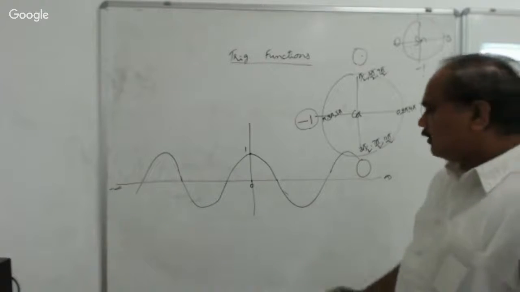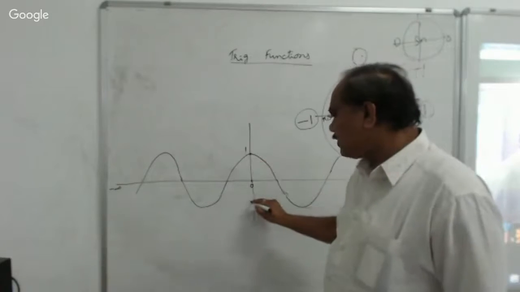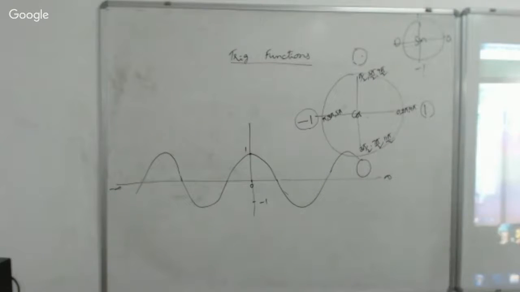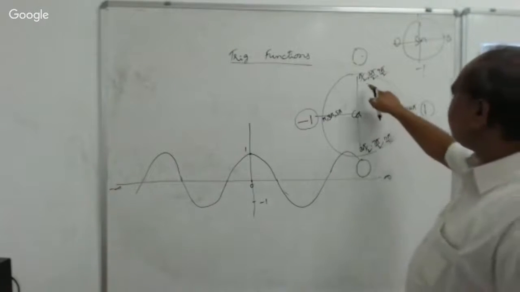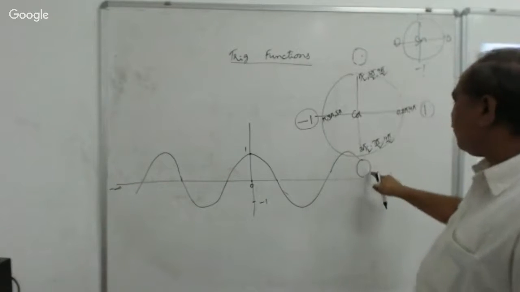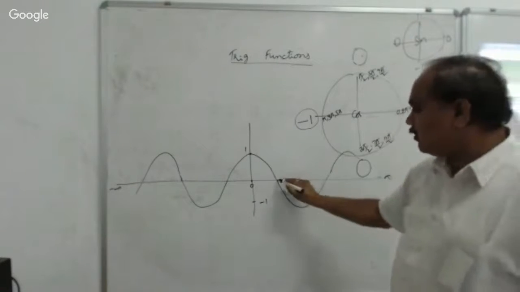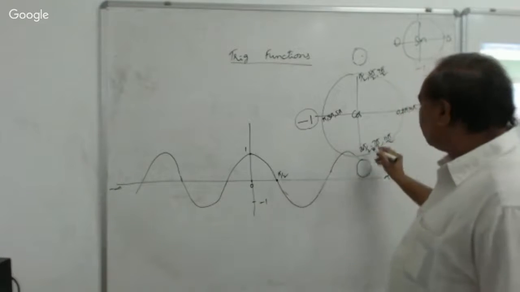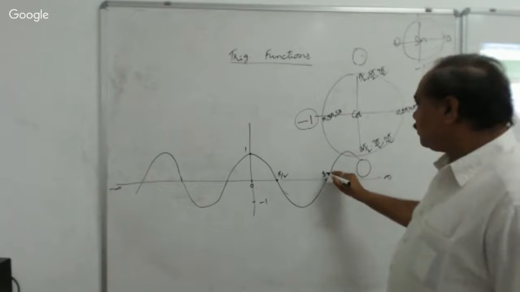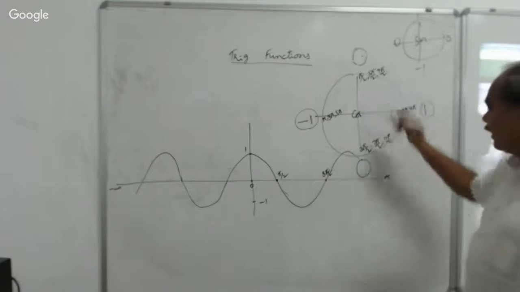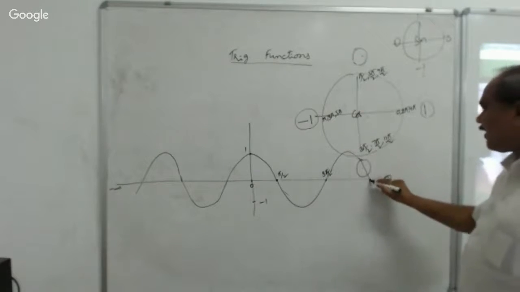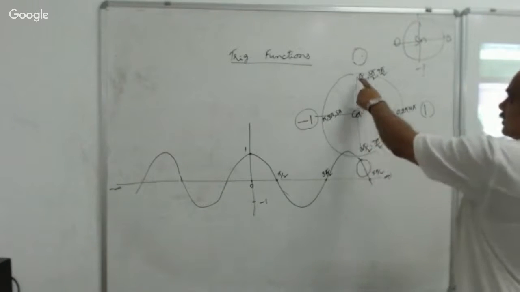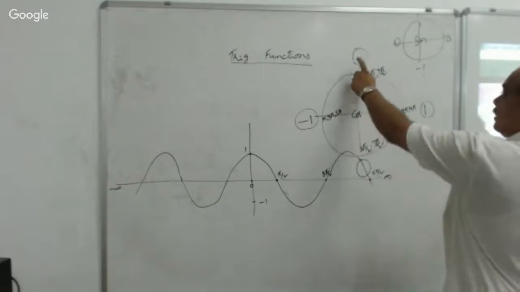Here also its maximum value is 1 and minimum value is -1. It is 0 at pi by 2, 3 pi by 2, 5 pi by 2. At these points it crosses the x-axis, because at these points it is 0.